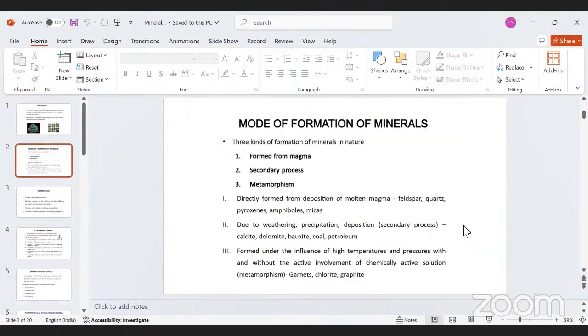Mode of formation of minerals. If you see in our textbook, it is mentioned that the modes of formation of minerals are different.